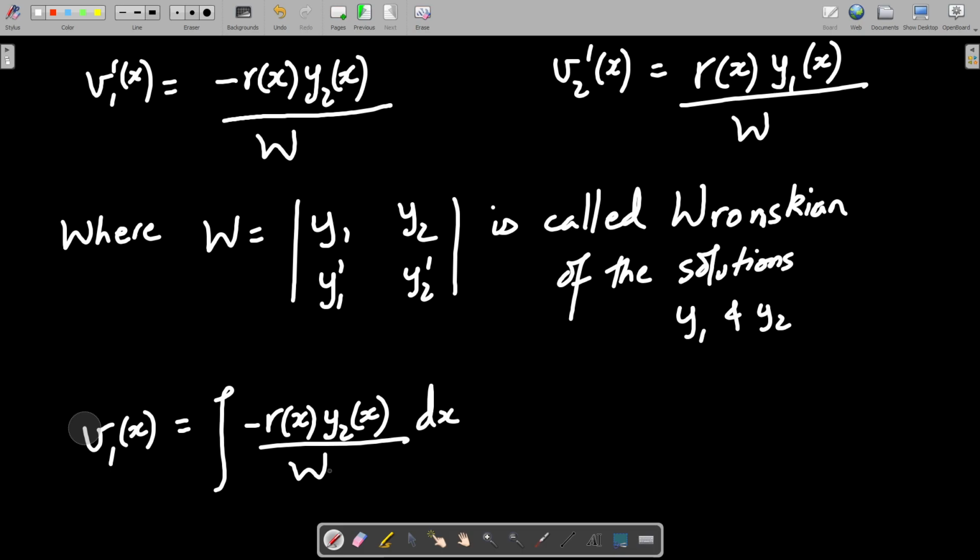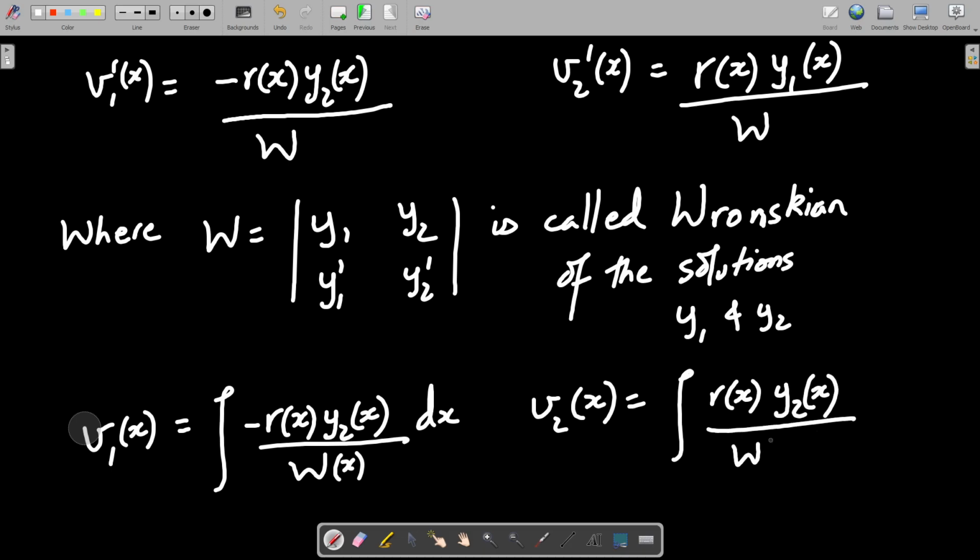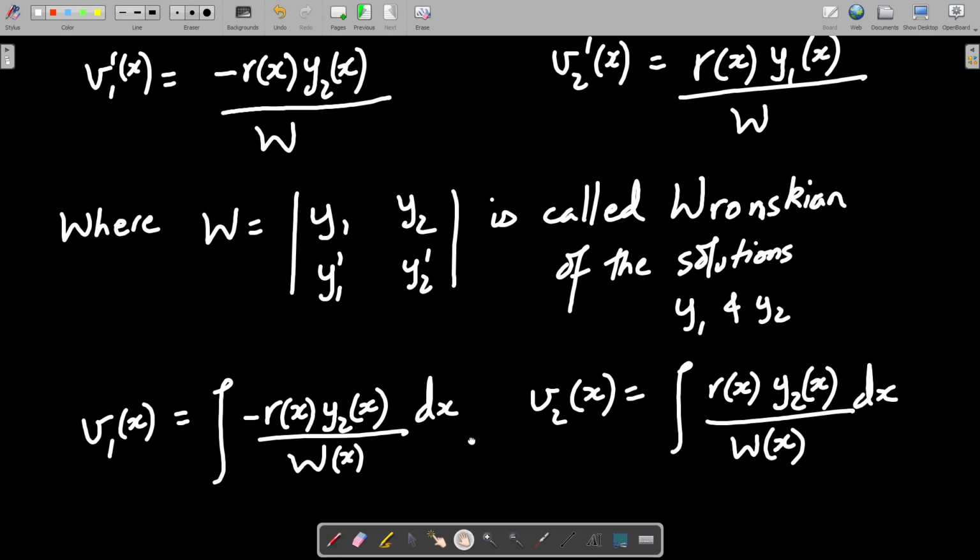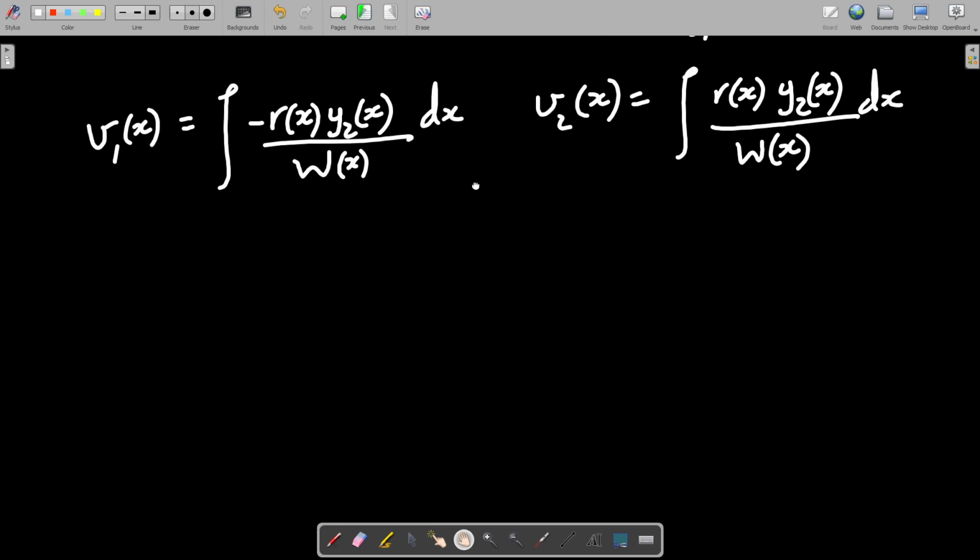W will be a function of x, so I'll better write it like that. It need not be a constant, or sometimes it becomes a constant, we'll see in the examples, but in general it can be a function. And v2 of x will be the integral of r of x into y1 of x upon W.